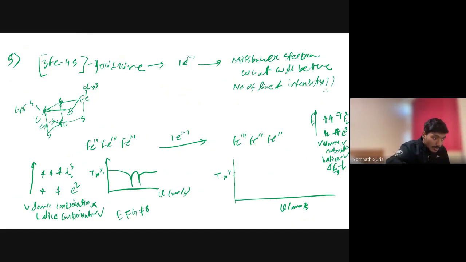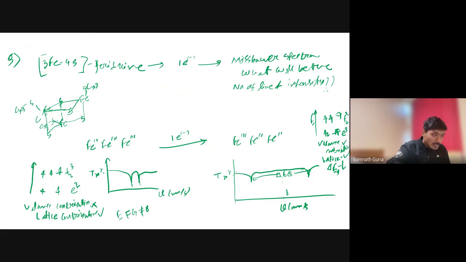So we'll have this, the spectra for the iron 2, and the middle of this will be my delta value. This is the delta value, and this will be my delta EQ value.